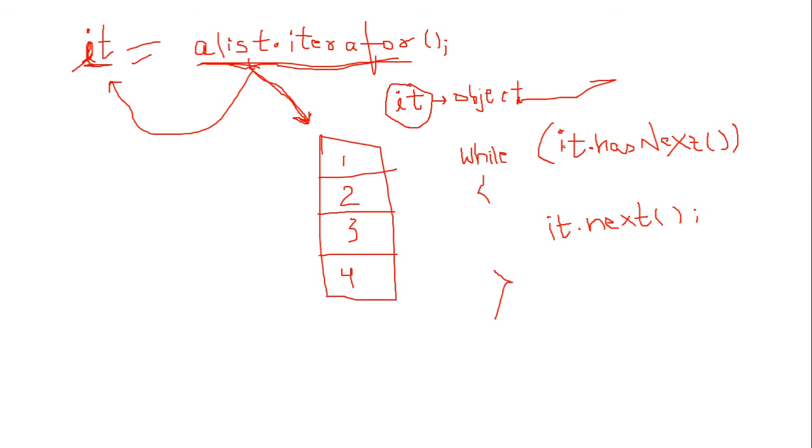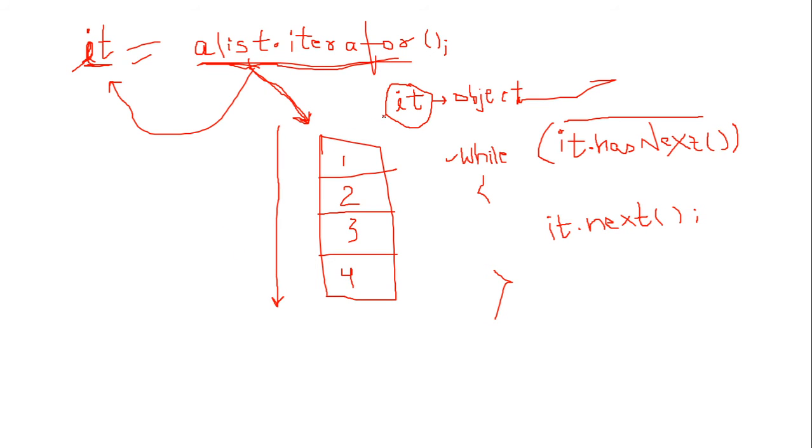First of all, as soon as the while loop starts, this method, you can see this hasNext, what it will do, as soon as this is called, this object will check whether there is any element present in this list. It will check from the start, top to bottom, this way.